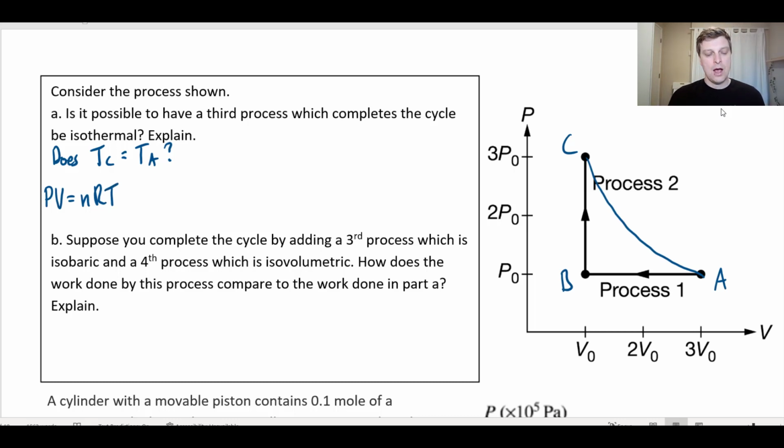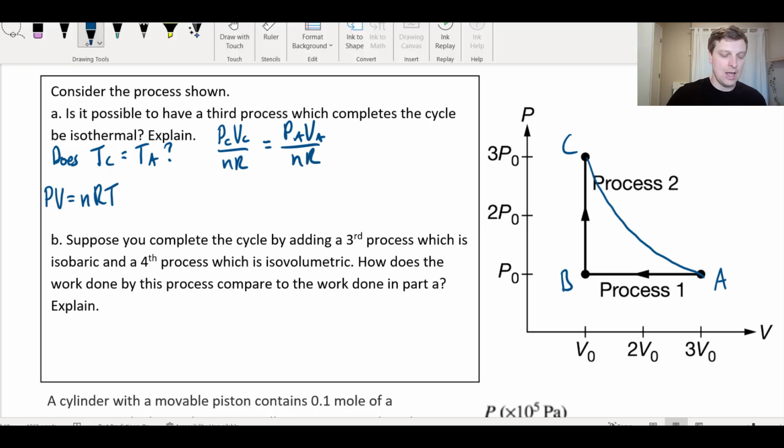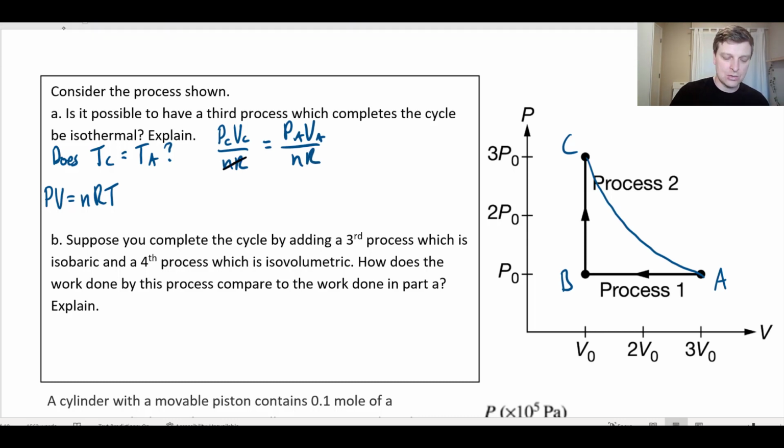So I could solve that ideal gas law for T and substitute it into this equation I've got here. So basically I've got PCVC divided by nR, which is just temperature C. And then does that equal PAVA divided by nR? Okay, and since I've got n and R on both sides, those are going to cancel out.